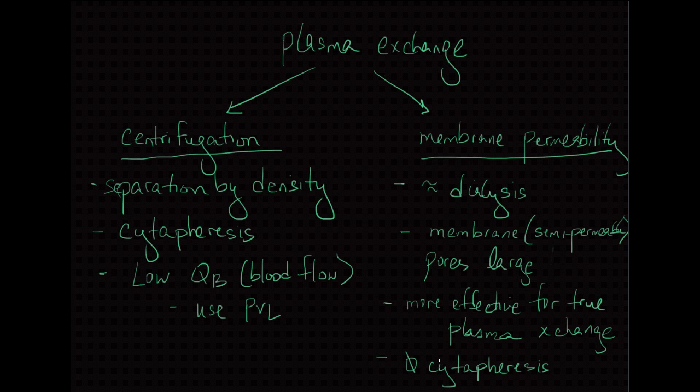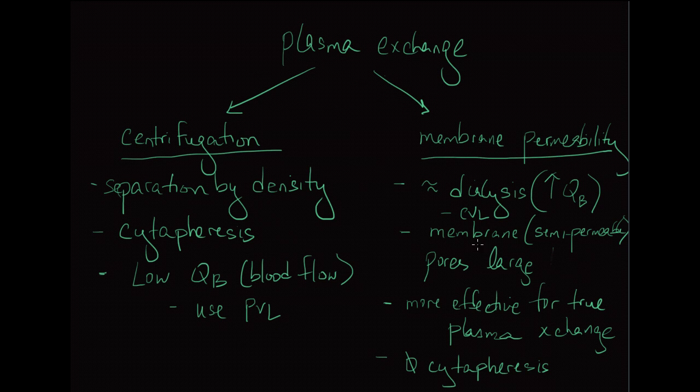And the second limiting factor of membrane permeability is that it's similar to dialysis, which means it requires high blood flows. And high blood flows means you cannot use a PVL. You need to have a central venous line.